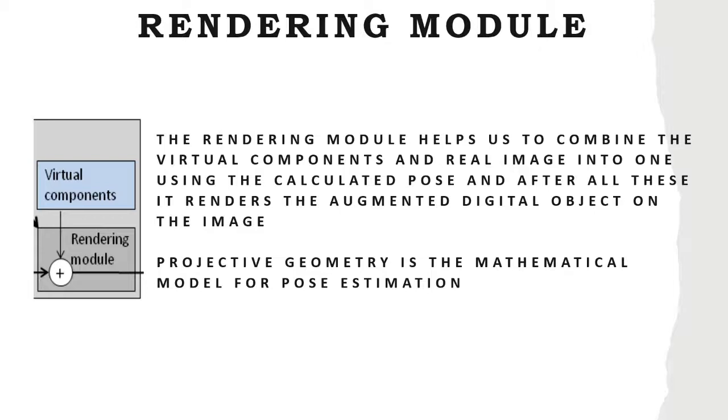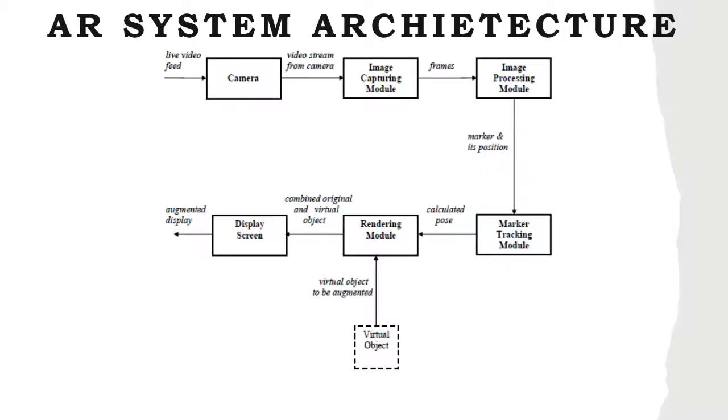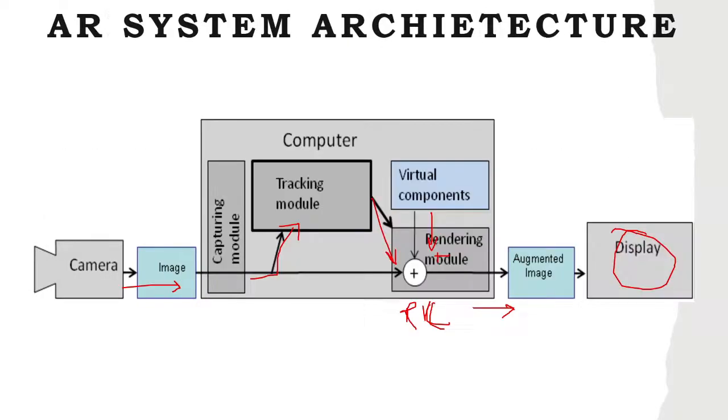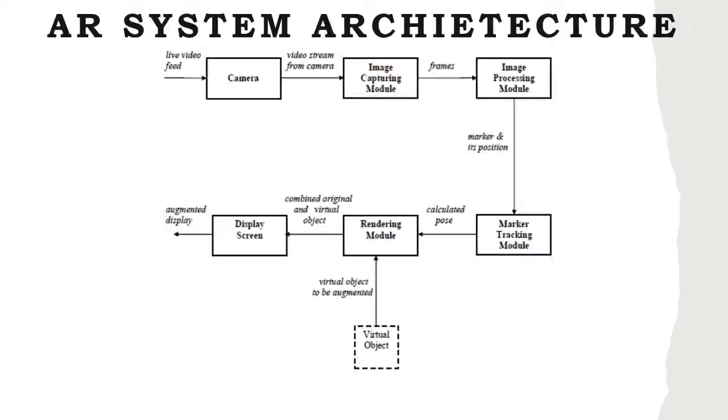If you have used any sort of augmented reality, you might have seen that some 3D object appears on a marker, on an image. Basically a virtual component is attached to that image, and then it is processed and pushed forward for the display.